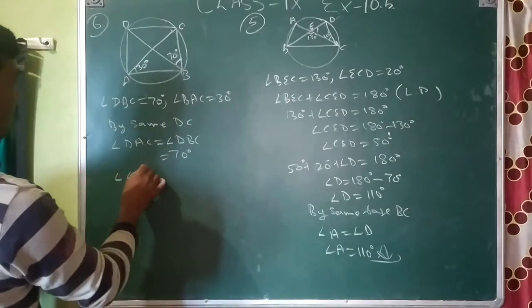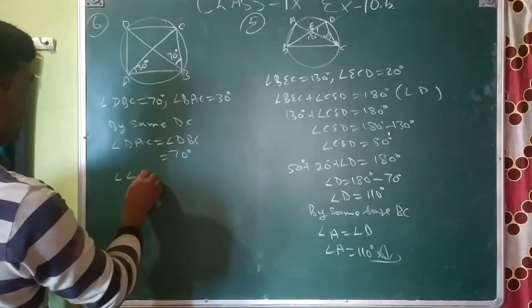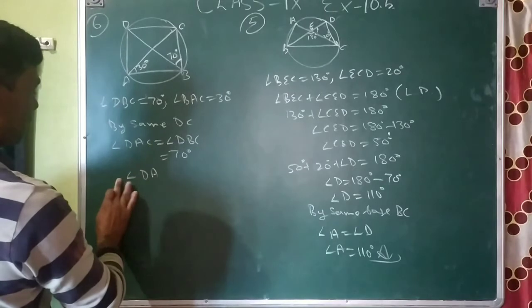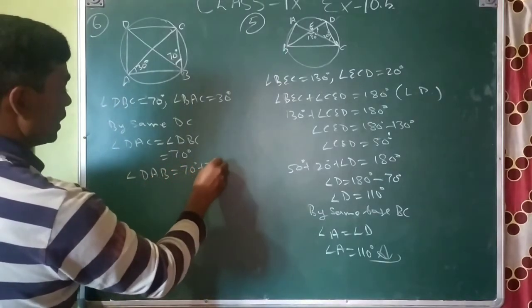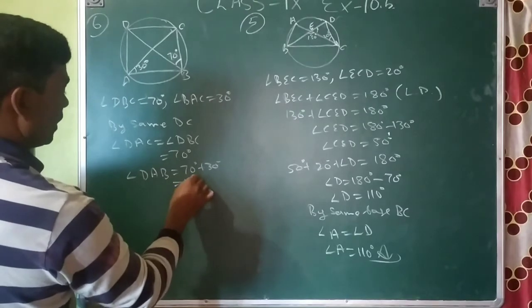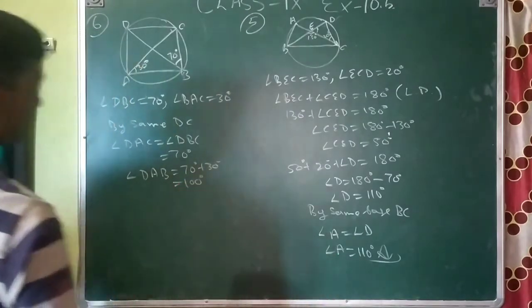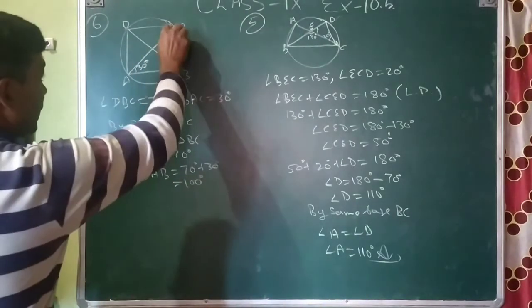So angle DAB is equal to 70 plus 30, which is already given, so that is 100 degrees. Now, we need to find one angle.